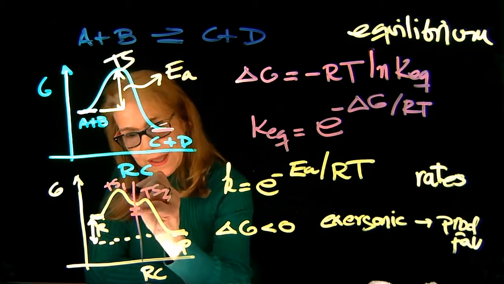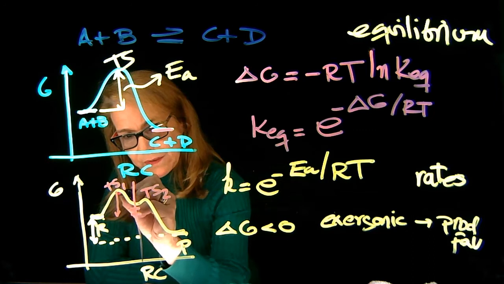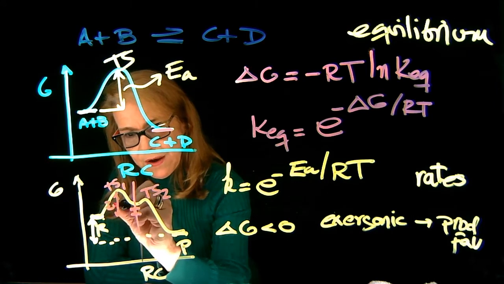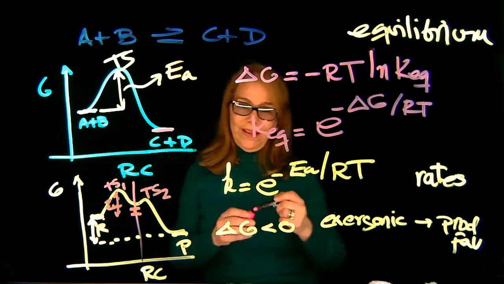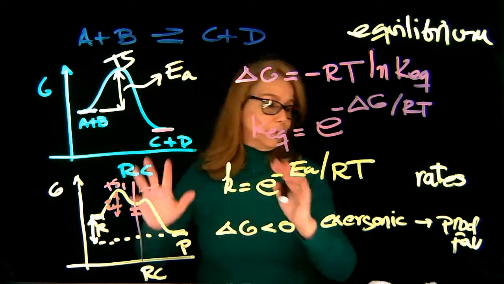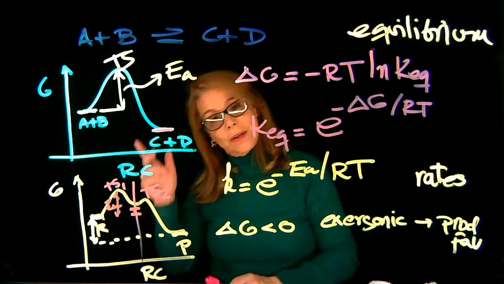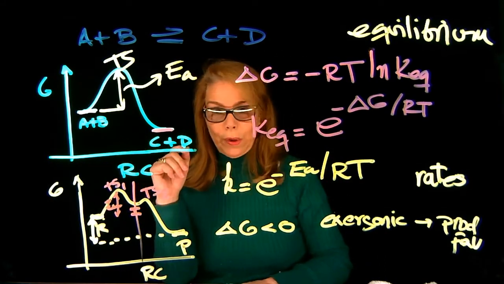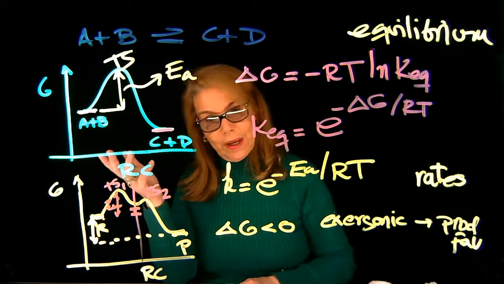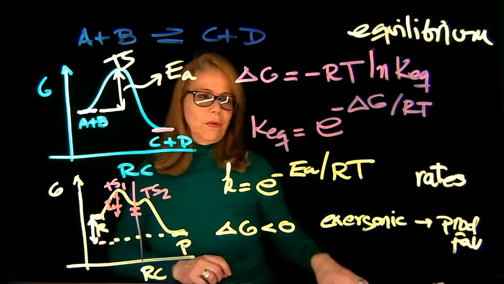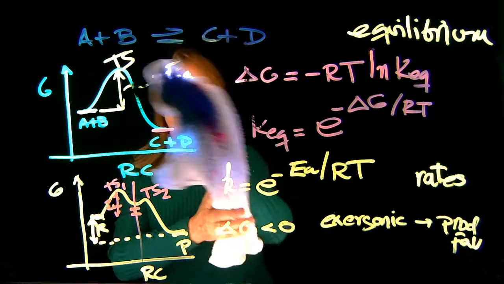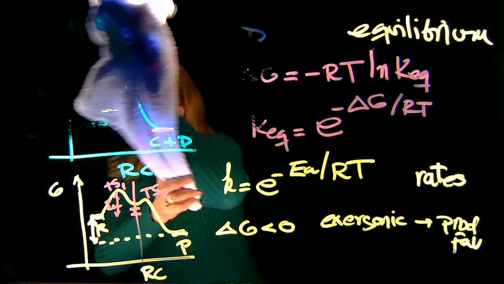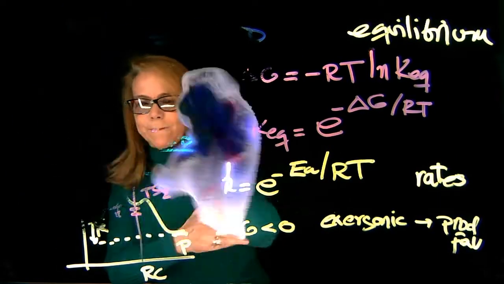Also, we see the energy of activation. So now, what I want to do is draw a more complex profile and see if we can identify how many steps we have, and whether we have intermediates or not. I'm going to erase that to give you a more complex profile.